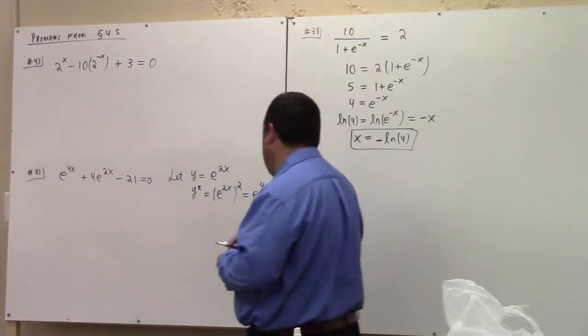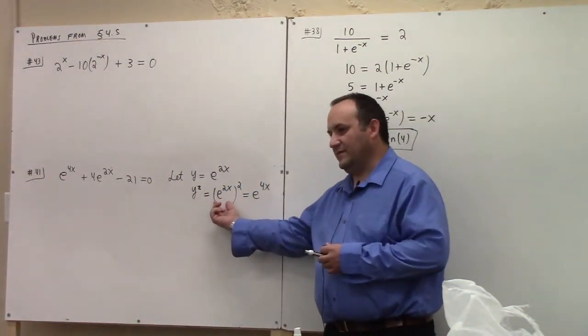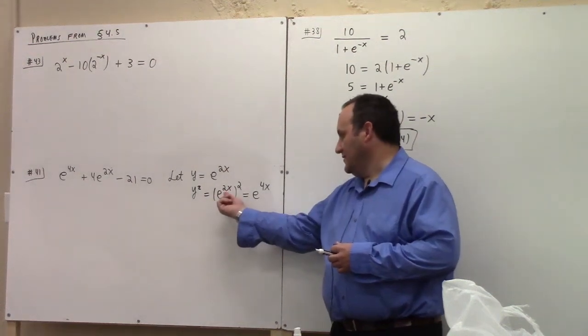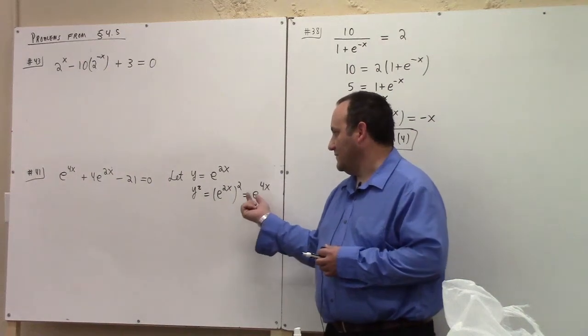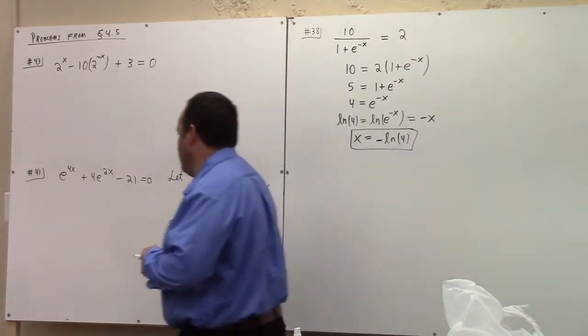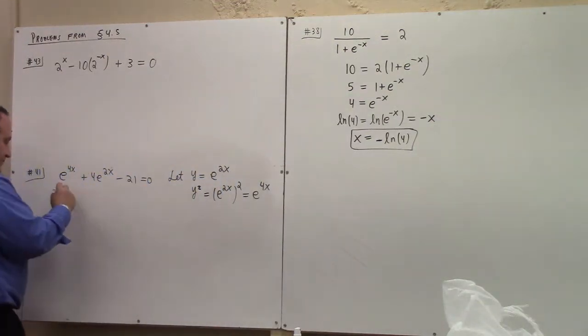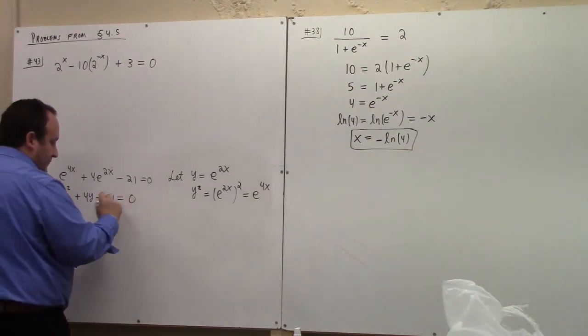By properties of the exponential, if we square an exponential, it multiplies the argument by 2. So y squared is e to the 4x. In view of this substitution, we can re-imagine this problem as y squared plus 4y minus 21 equal to 0.